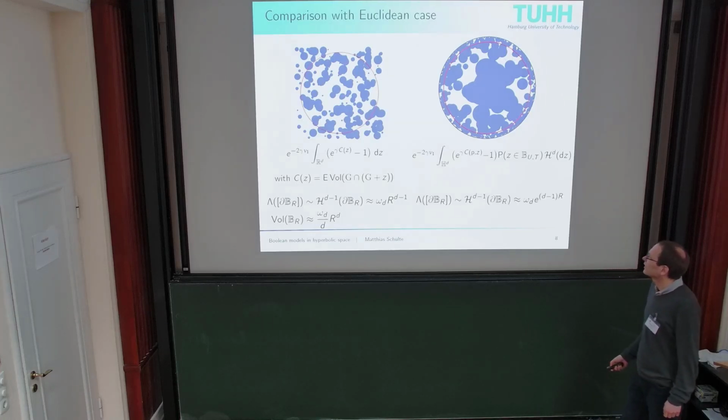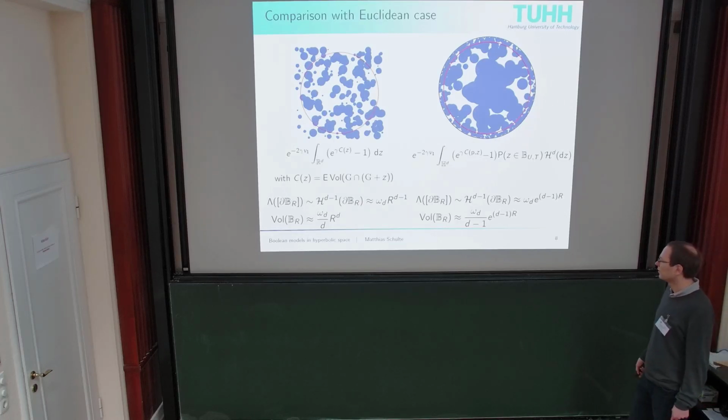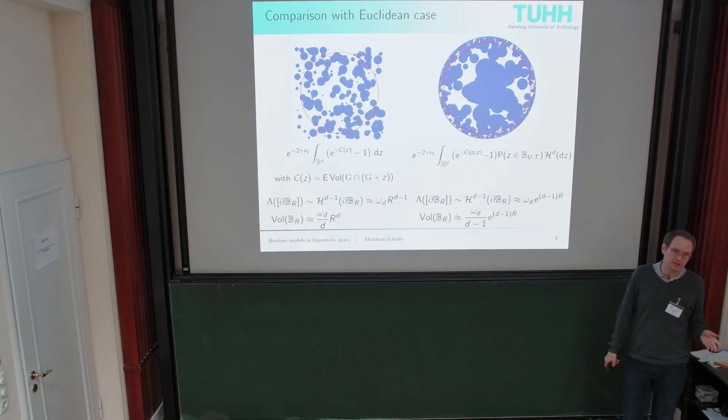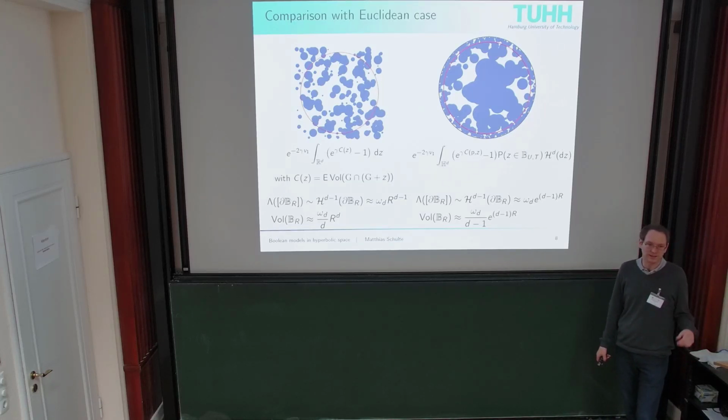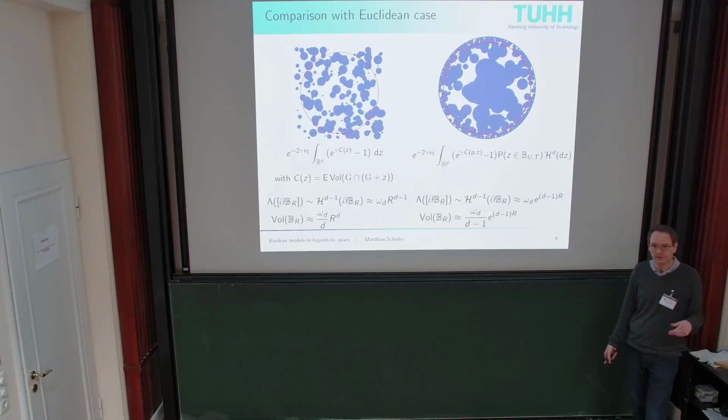Now let us do exactly the same for hyperbolic space, and here we have the order of the intensity measure of the particles hitting the boundary, and we see that it is of the same order as the volume of the observation window, and this means that we cannot neglect the effect of particles intersecting the boundary, and so this factor here comes from the contribution of the particles intersecting the boundary of the observation window.